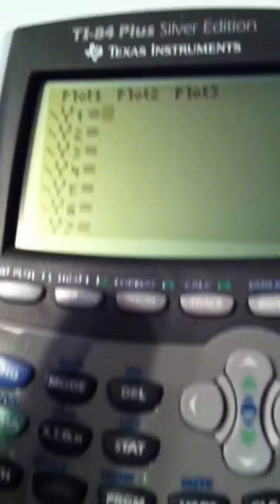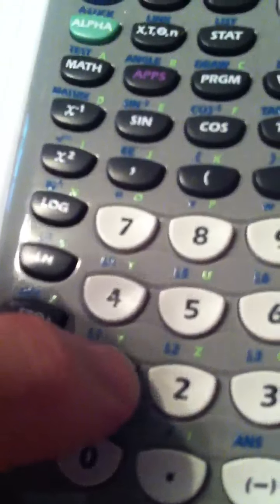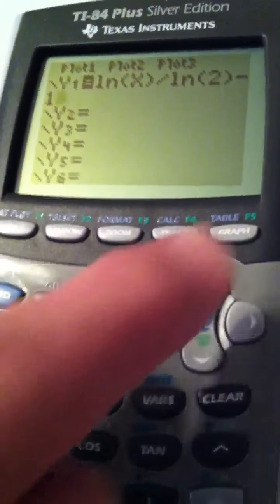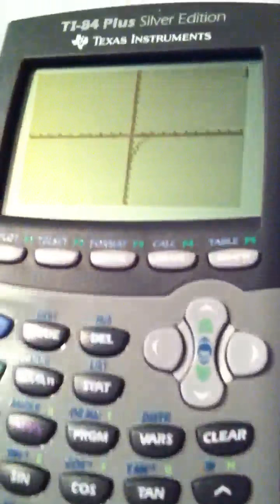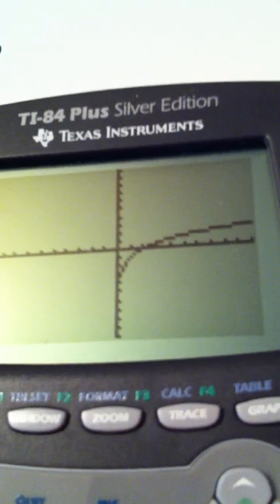Okay, y equals the natural log of x, close parens, divided by the natural log of 2, close parens, okay? And then minus 1. And we're going to hit graph. And what I come out with is a graph that looks roughly like this, okay?